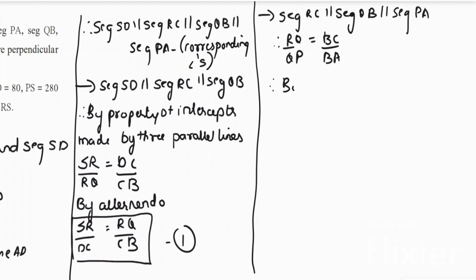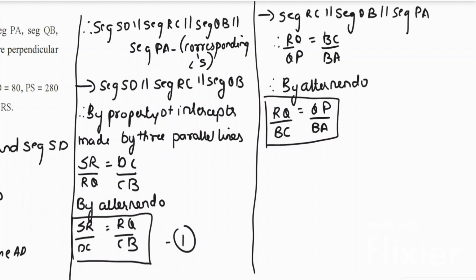Therefore, by alternando, we will get RQ upon BC is equal to QP upon BA. Now this we can take as equation number 2, right?